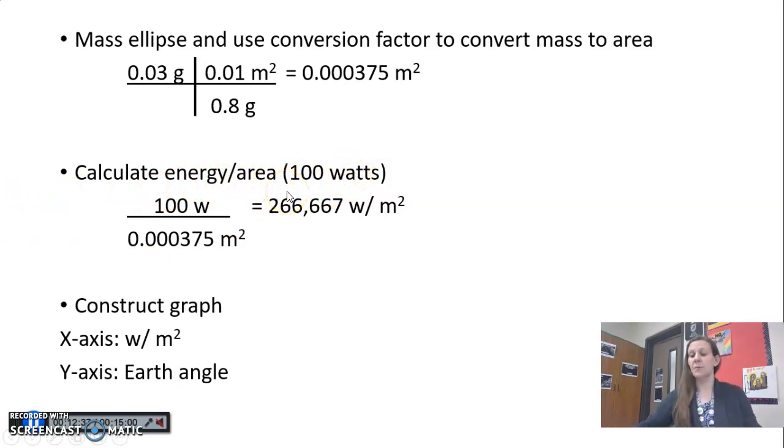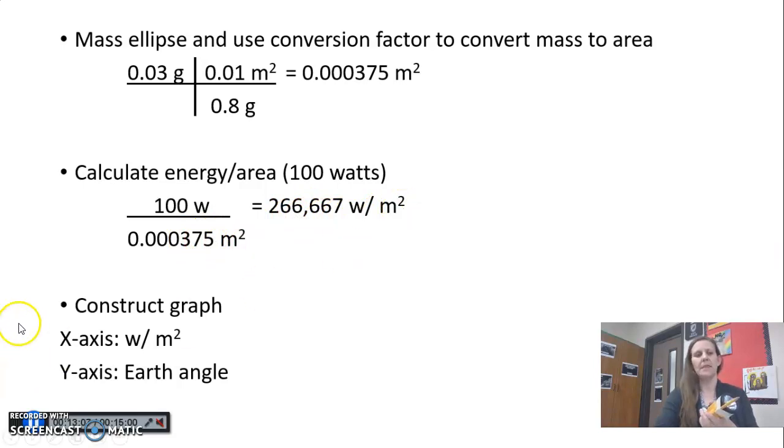We're going to assume that your flashlight puts out 100 watts. So you take 100 watts and we say, okay, 100 watts per unit area. This is how much area we have. So 100 watts divided by the area that we have equals this many watts per meter squared.